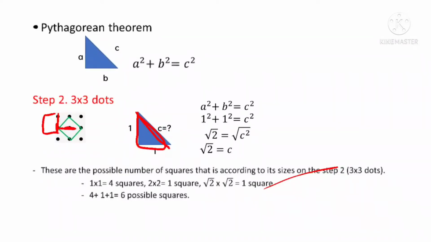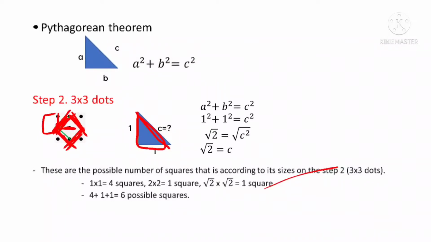So, these are the possible numbers of square that is according to its size on this step 2, 3 by 3 dots. So, since alam na natin yung size ng square na to, alam na natin na ito is equal to 2 by 2, ito is equal to 2 by 2, ito is equal to 2 by 2, and ito is equal to 2 by 2.